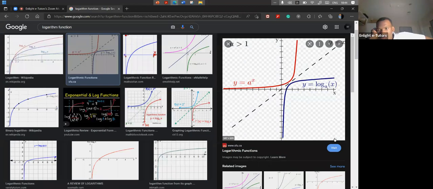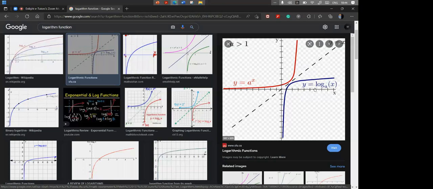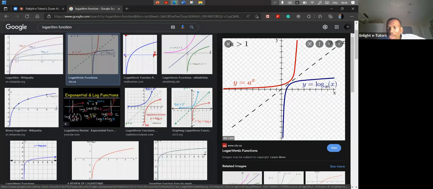You see, it's more like an inverse. You understand? Look, this one is y is equal to a to the power x. I think you can say these are more like inverses. Yeah, because this one is y is equal to log base a of x, and this one is y is equal to a to the power x.